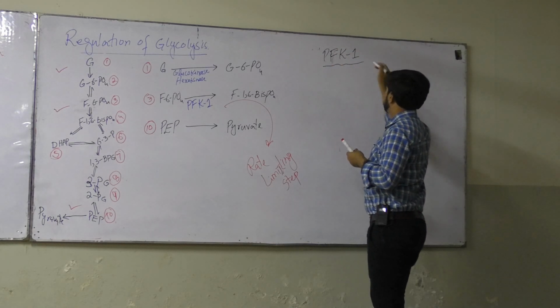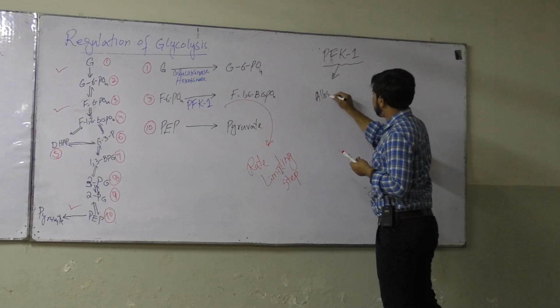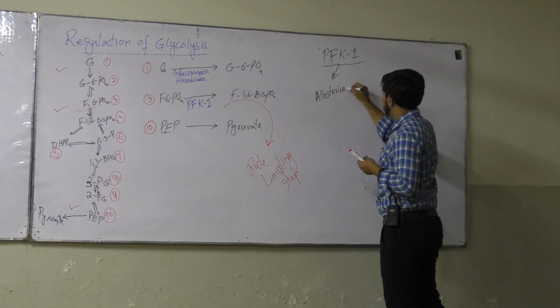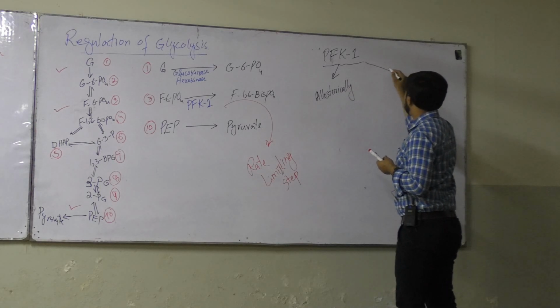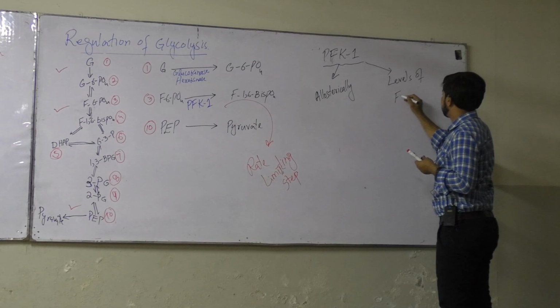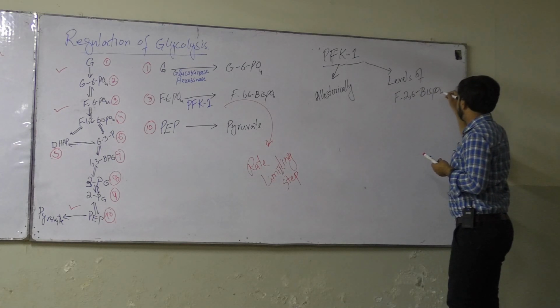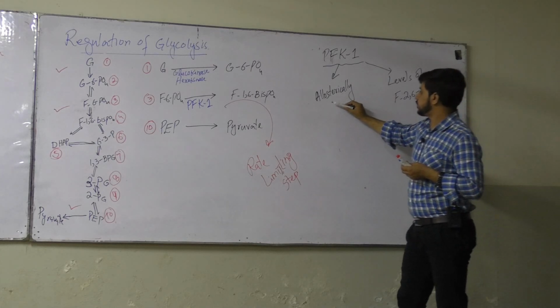Number one, allosterically, and number two, by the levels of fructose 2,6-bisphosphate. First, let me explain this.